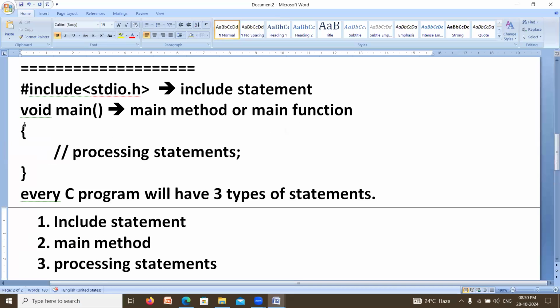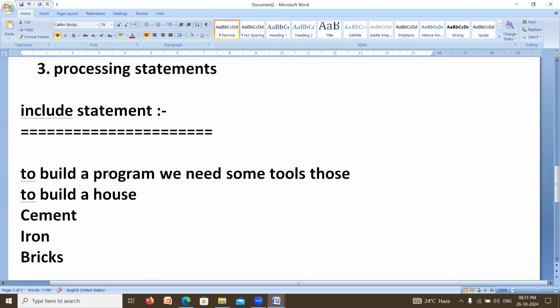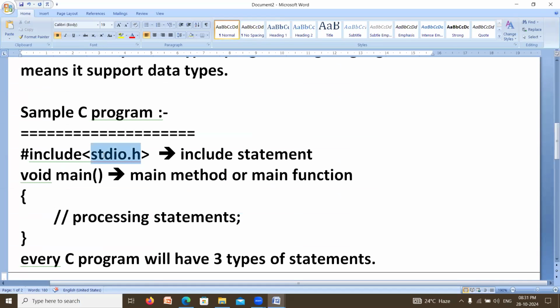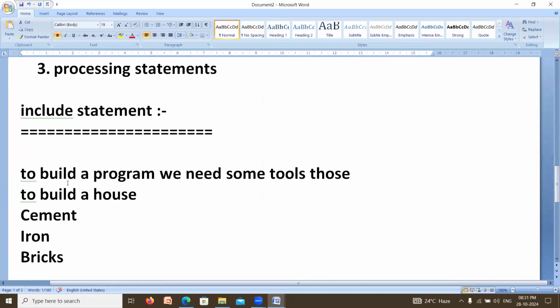Those tools are kept in this header file, stdio.h. Before building the application, we need to copy the tools available in this header file into our program. So you have to write this line of code on top of the program.